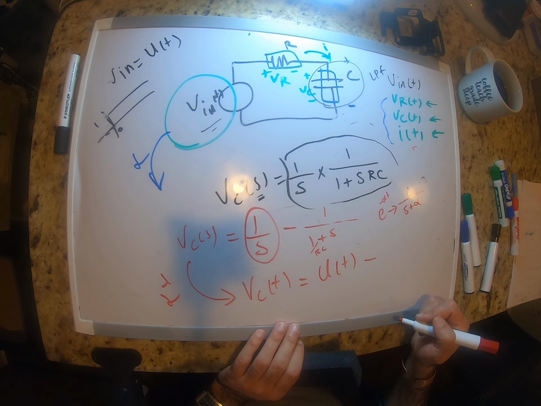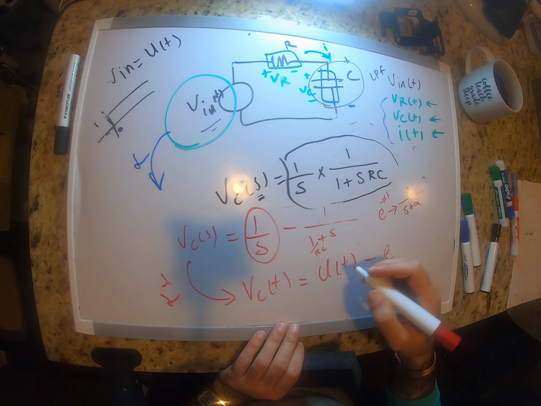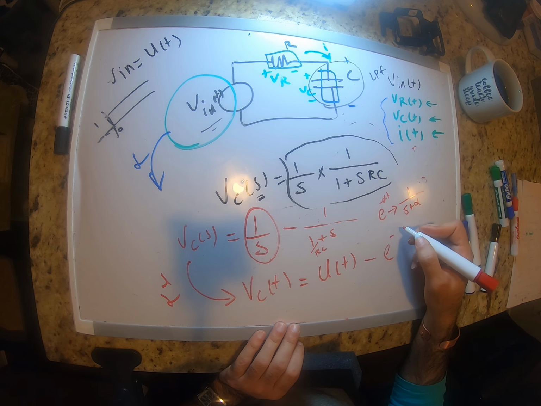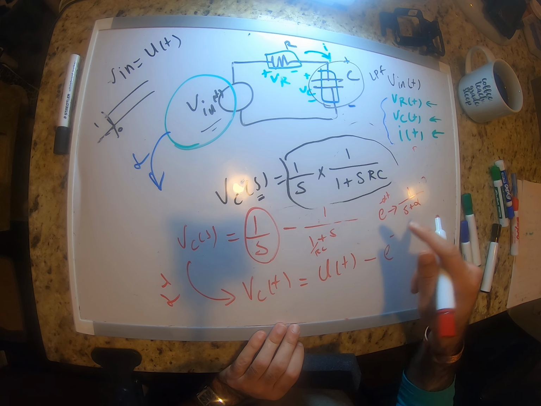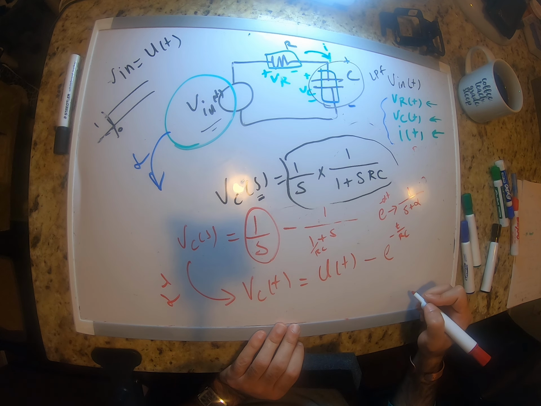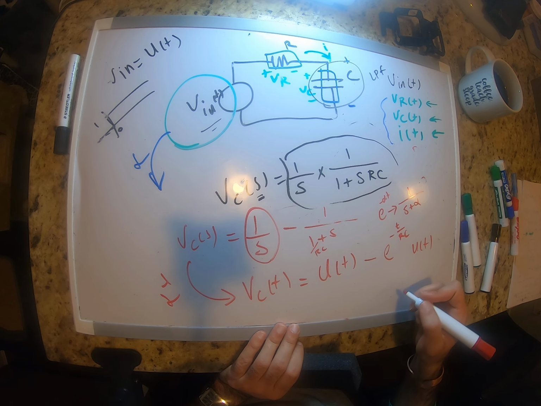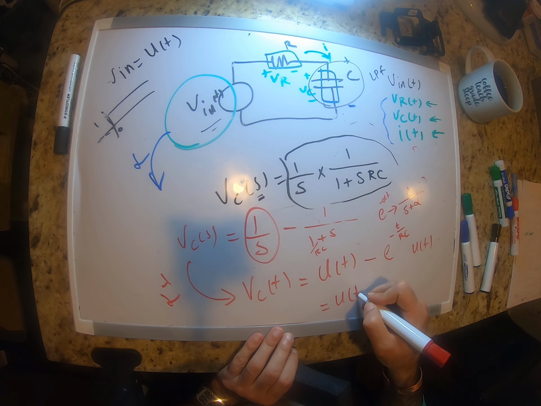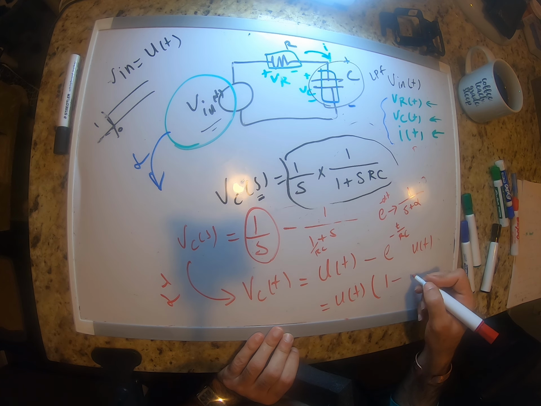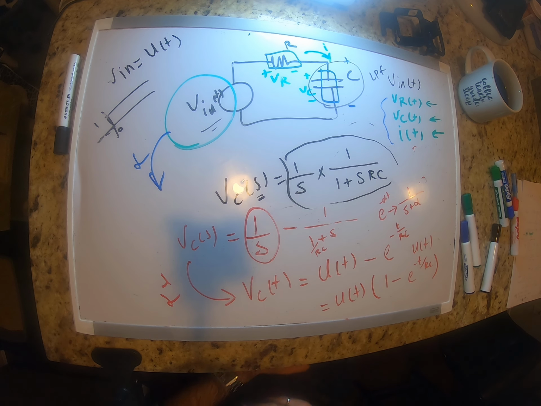Okay, now this is going to be e to the power negative alpha t, where alpha is 1 over RC, so it's going to be negative t over RC, times u of t. Okay, so our time domain response is basically this.